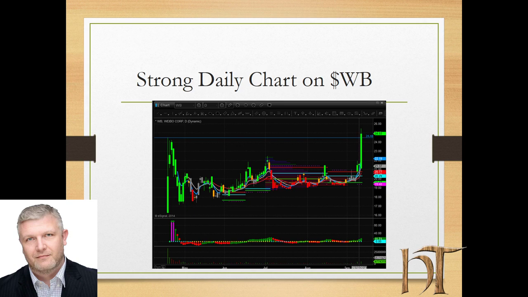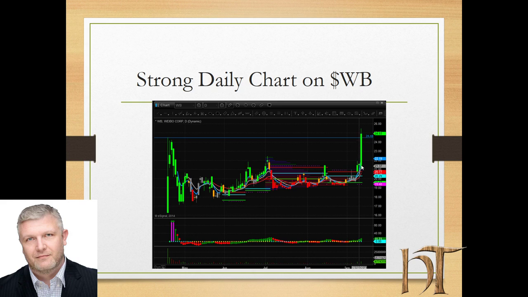But let's look at this, because this chart actually had several pockets, several windows, and that's why it had such a massive day right here. If you look at this last candlestick, this is what we're talking about.